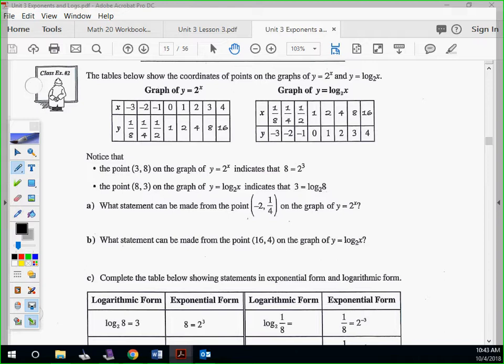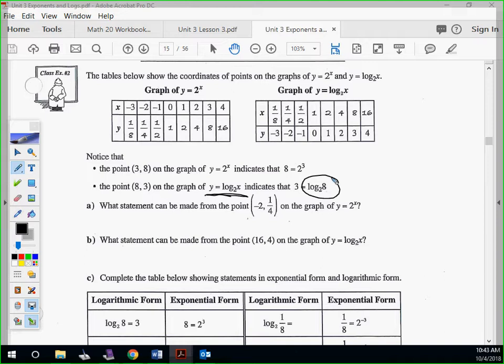Now the point (8, 3) on the graph indicates, in terms of logs, that log base 2 of 8 equals 3. Where's that coming from? If I put a 3 here, I put a 3 there. If I put an 8 there, I put an 8 there. So if you evaluated log base 2 of 8, you would get 3.